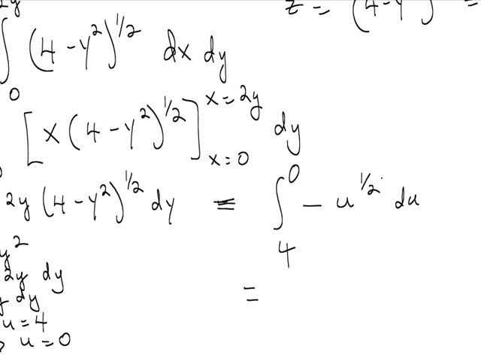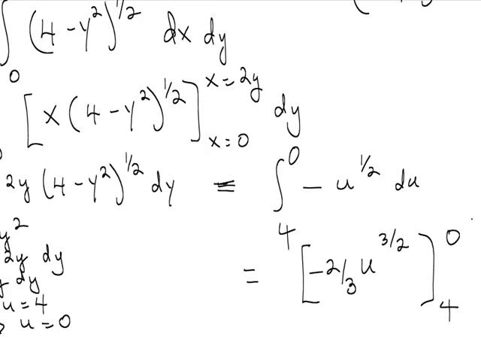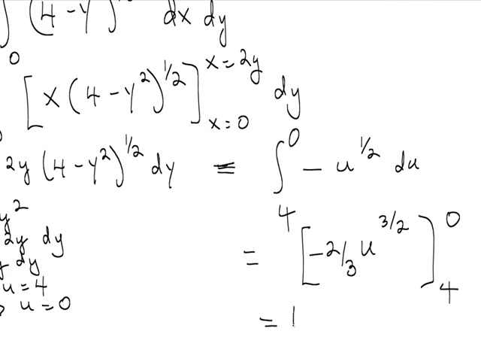All right, let's integrate. This is u to the 3/2 times minus 2/3 from 4 to 0. And when you substitute, you get 16 over 3.